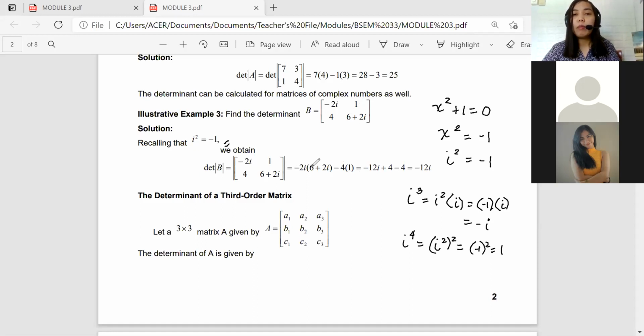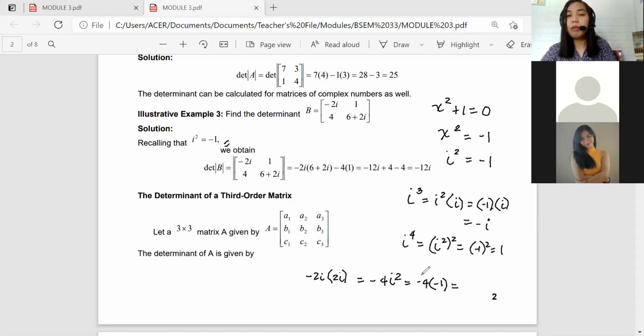So -2i multiplied by 6 is -12i. Then -2i multiplied by 2i: -2 multiplied by 2 is -4, and i multiplied by i is i squared. And i squared is equal to -1.